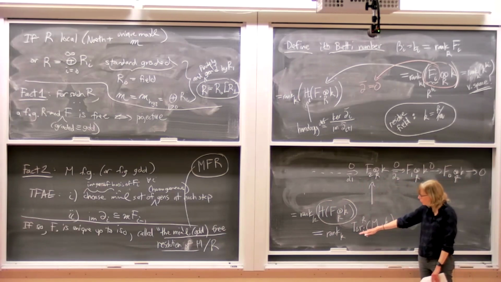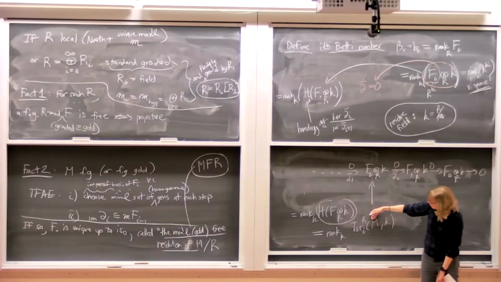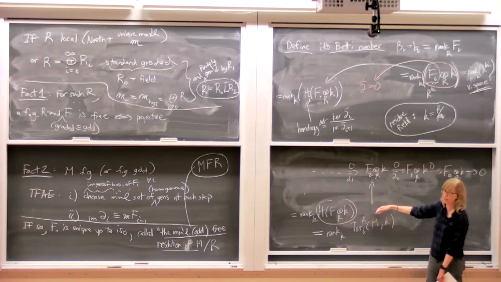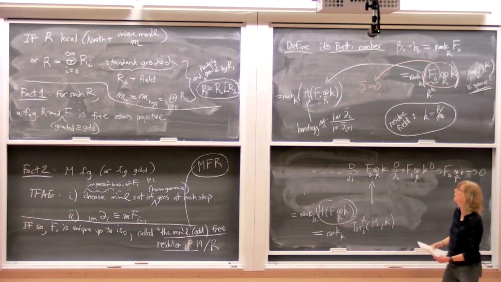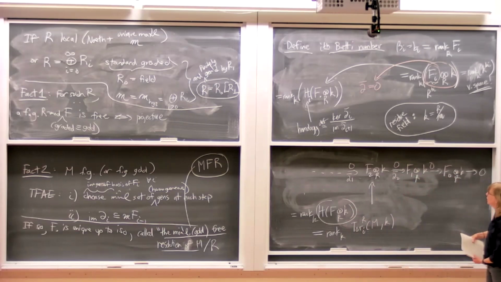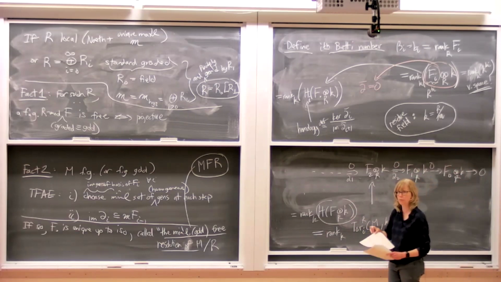So the way you make a Tor, it's the derived functor of tensor product, is you take the module, you replace it by resolution, tensor with the other guy, that tensoring is the functor, and then take kernel mod image everywhere. Okay, I'm not trying to scare you or anything, I'm just telling you other versions of Betti numbers. It's not that important for what we're going to do, okay?